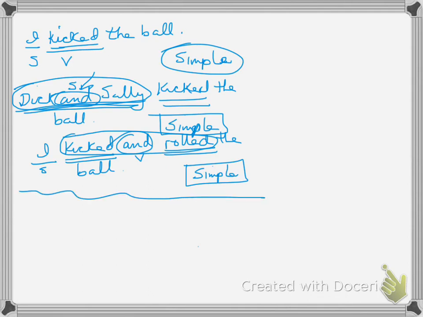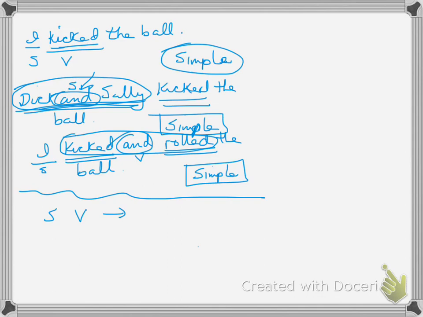Giving you an example here again now of a compound sentence. Recall, a compound sentence contains at least two independent clauses. An independent clause has a subject and a verb and makes sense. It can stand independently.